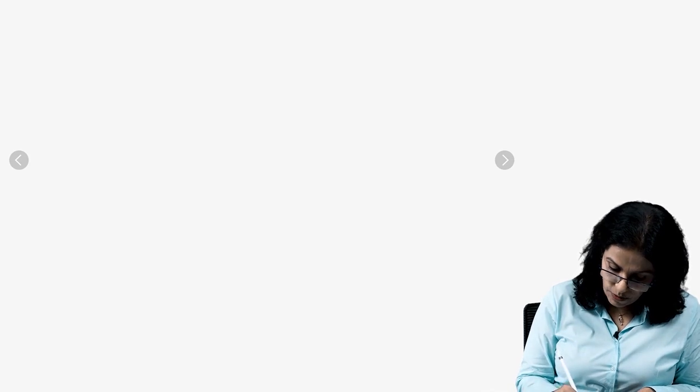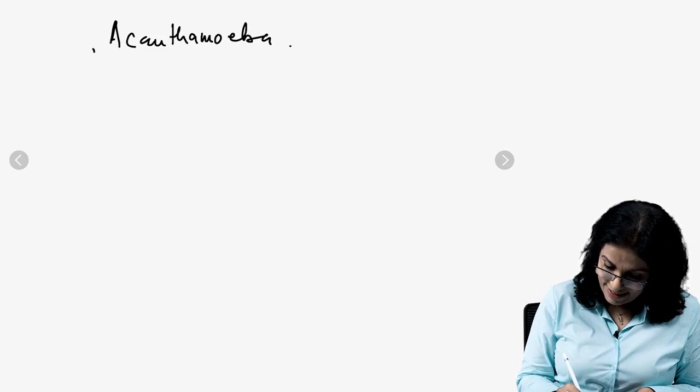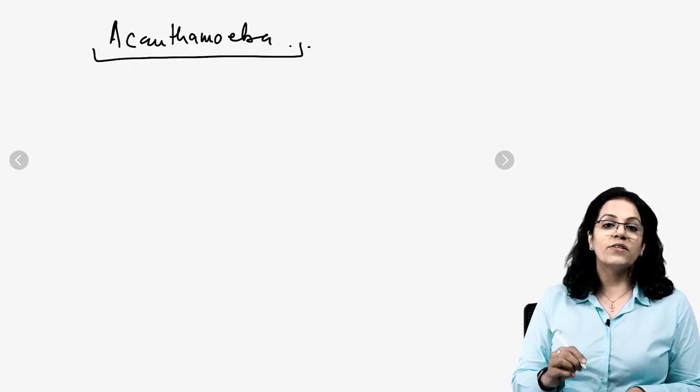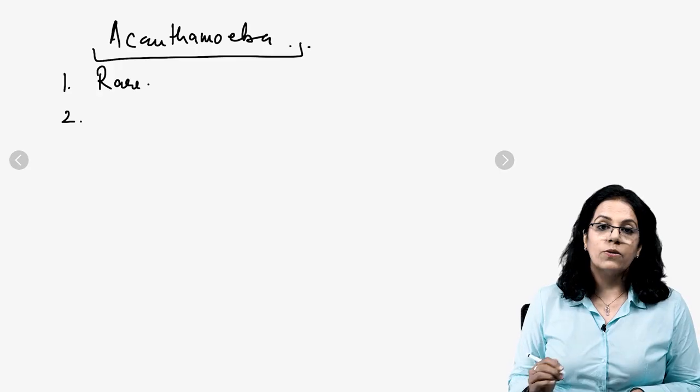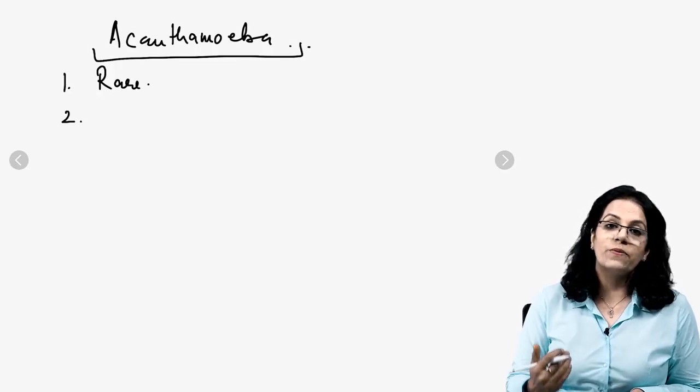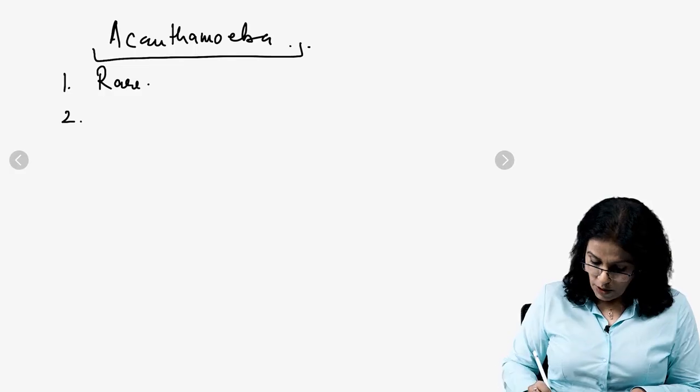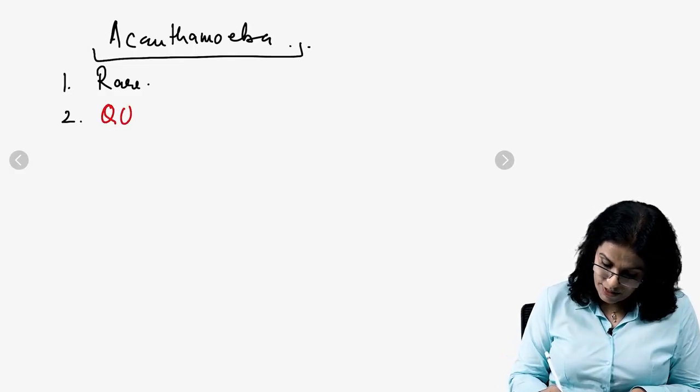Okay. When you say acanthamoeba keratitis, do we know acanthamoeba is a ubiquitous protozoa present everywhere, and therefore it's quite rare to have this infection in the cornea. So the first important point is that it is a rare infection. What is the situation when it occurs? This is your repeated exam question.